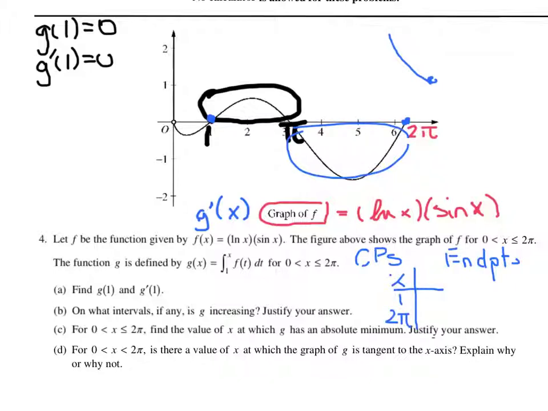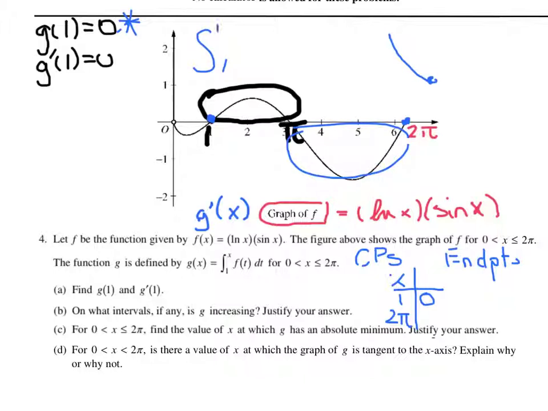Now we know from our work in letter A that g of 1 has a value of 0. Now what we need to do is compare the areas from 1 to 2 pi to see which has the greater value, or in this case the absolute minimum. The greater area is below the x-axis.